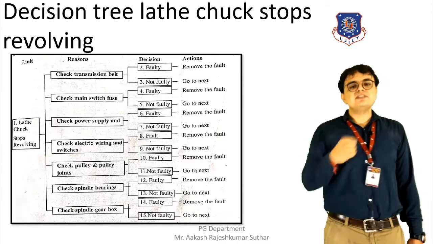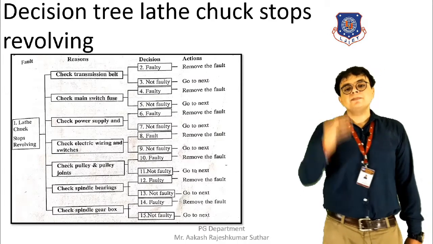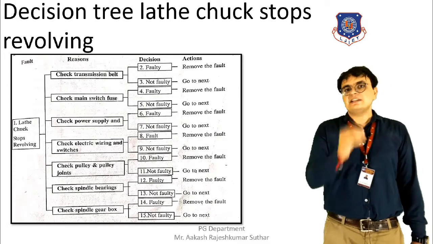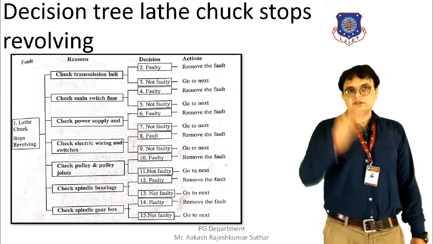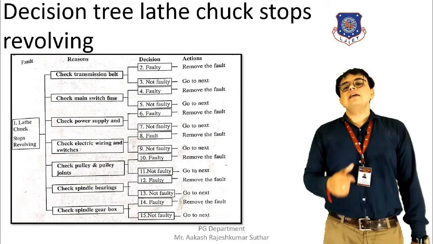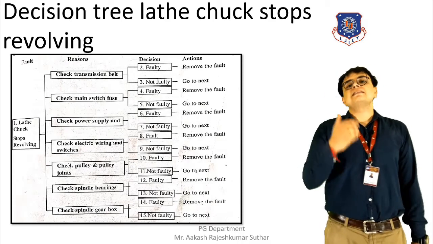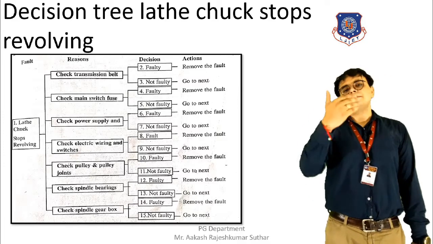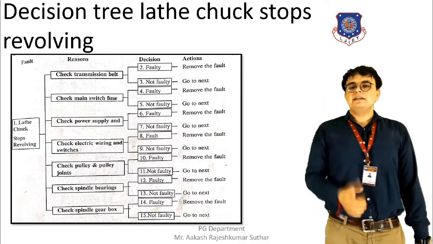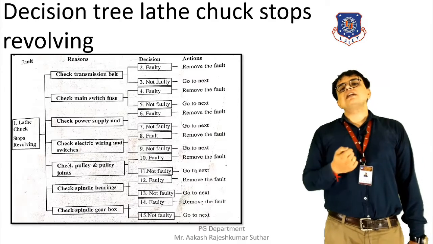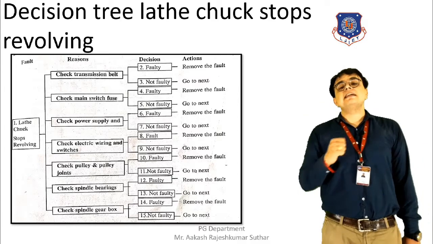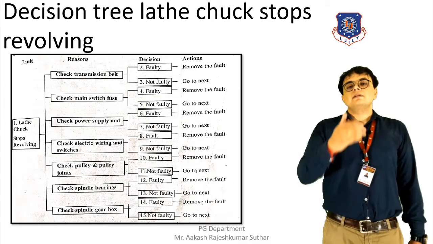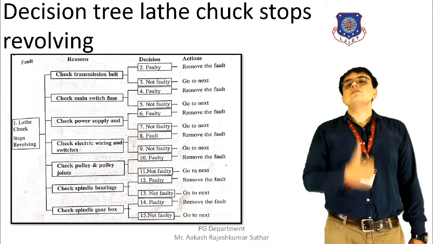The first reason is checking of the transmission belt. So this transmission belt checking is done, the analysis is done, and based on that analysis we make the decision. For example, if it is found faulty, then corresponding to that decision, the activity required is to remove the fault.